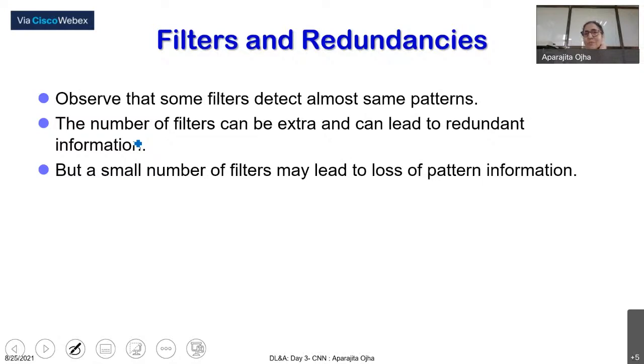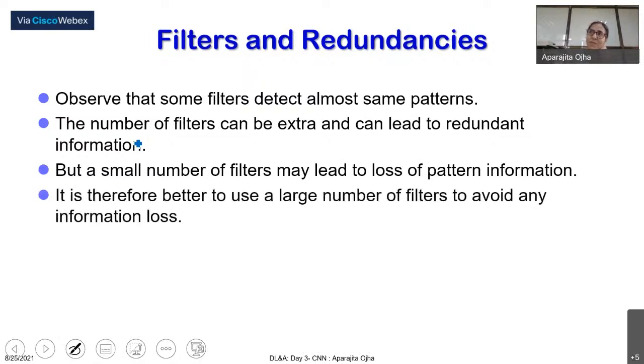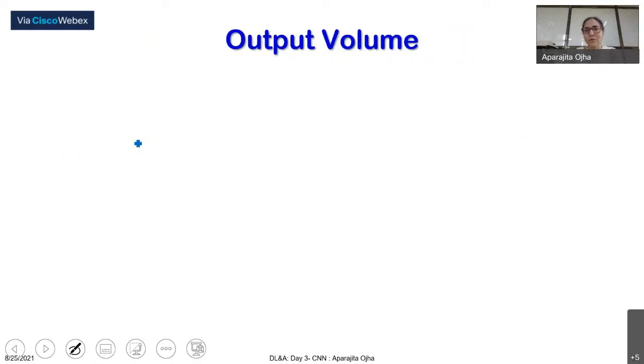But if you choose a very small number of filters, you may be missing much information which is important for a specific class of problems. So a small number of filters is generally not chosen. Sometimes, your image appears to be very simple. Even then we choose a large number of filters. So it is better to use a large number of filters to avoid any kind of information loss.